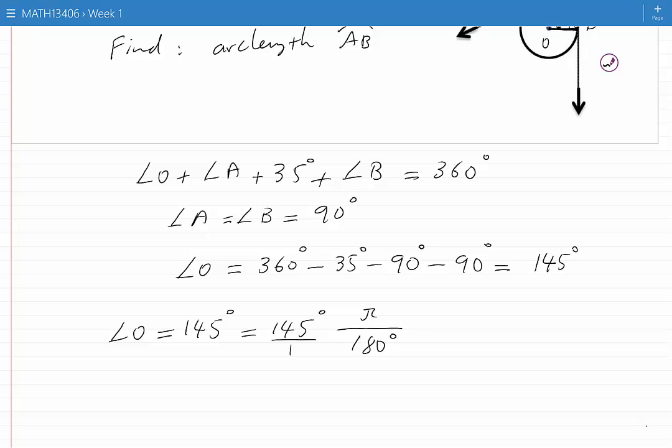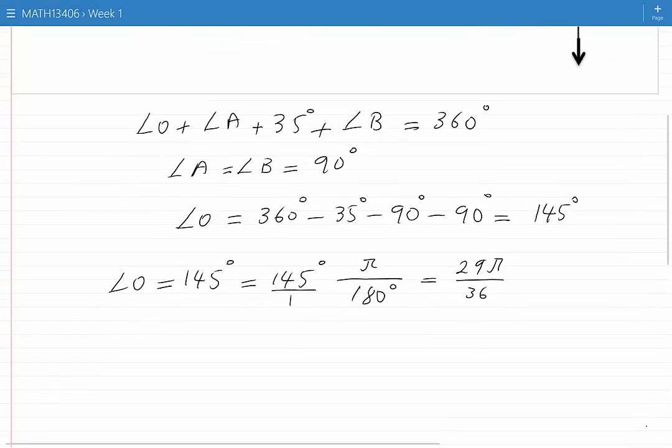If we simplify this fraction, we will get 29 pi over 36. If you pay attention, I am not converting this into a decimal number. The reason is that if I convert this into a decimal number, I'm creating errors in my calculation. If I keep the answer as 29 pi over 36, this is as accurate as I can be.